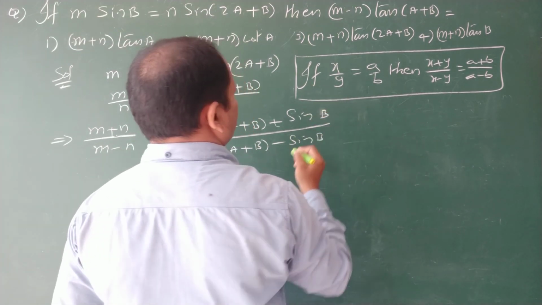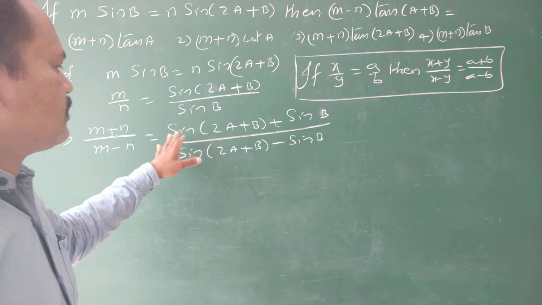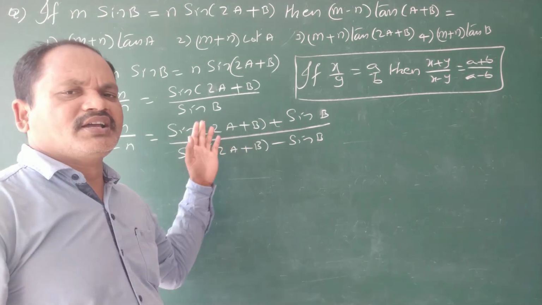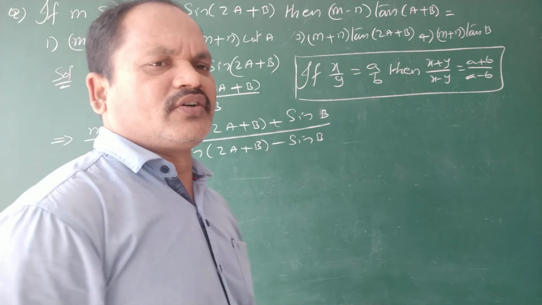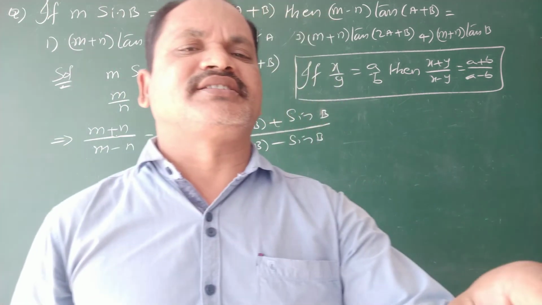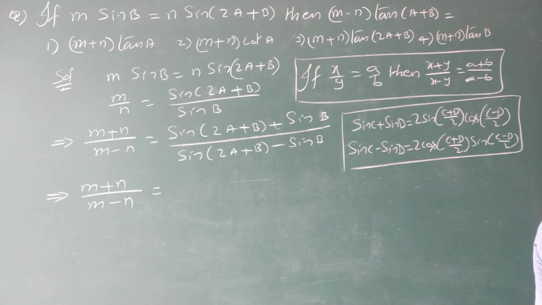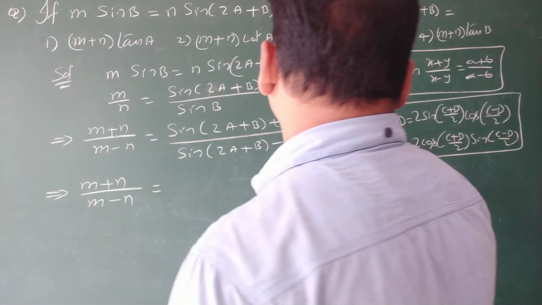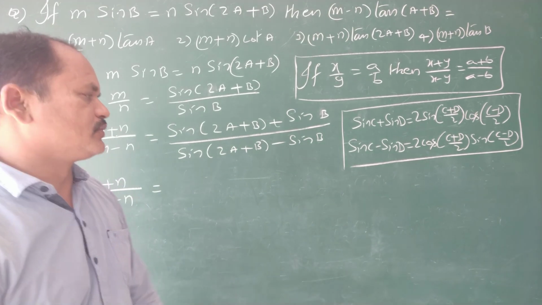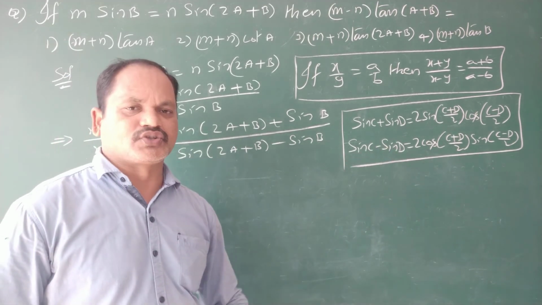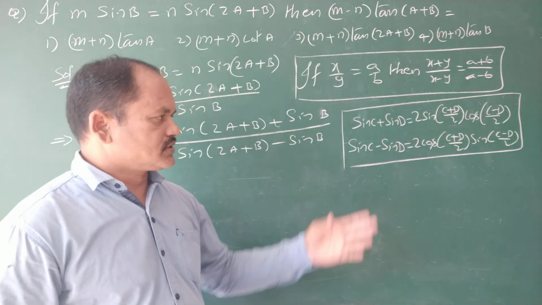Okay. Now observe, this depends upon the formulas sin C plus sin D and sin C minus sin D. Sin C plus sin D is 2 sin((C plus D) by 2) cos((C minus D) by 2). Sin C minus sin D is 2 cos((C plus D) by 2) sin((C minus D) by 2).